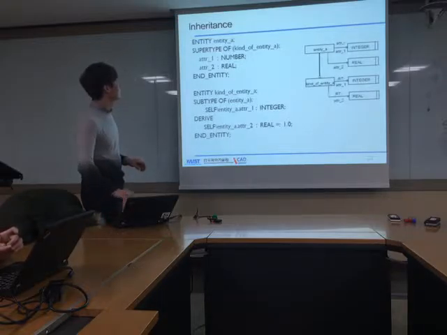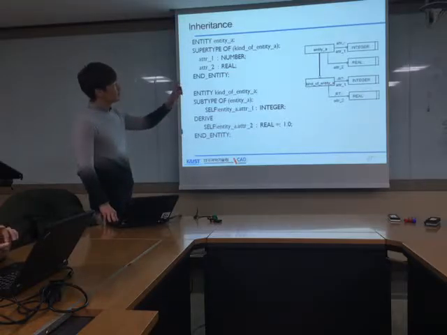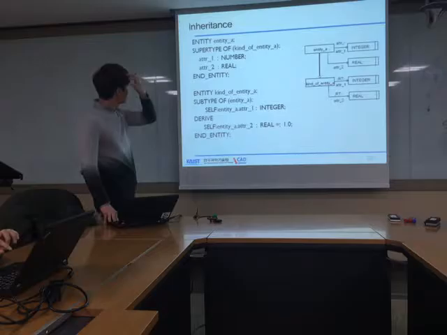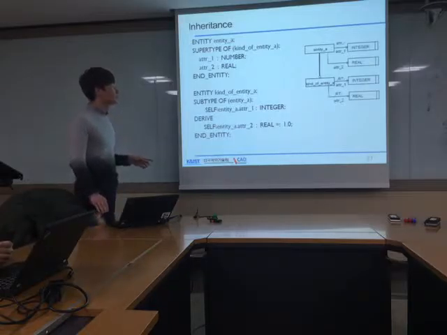And this is about inheritance. First, the entity A is a supertype, and the kind of entity A is a subtype.